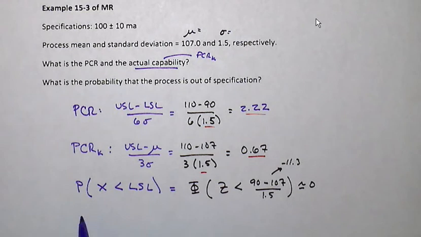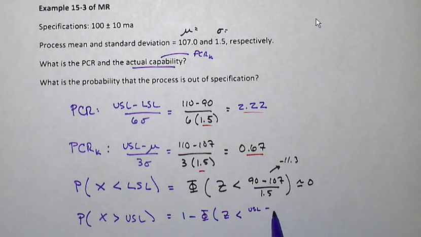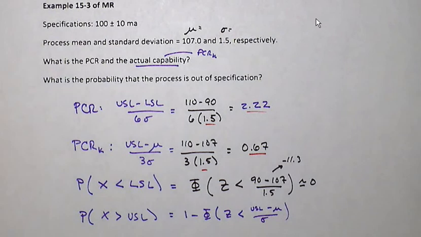So in other words, we have very little chance of ever being lower than the lower specification. For the upper one, then that's going to be 1 minus the CDF of Z being less than the USL minus our mean divided by sigma. Right? So I did a little flipperoo deal here, and so that's 110 minus 107 divided by 1.5.